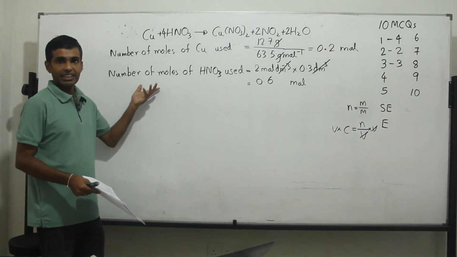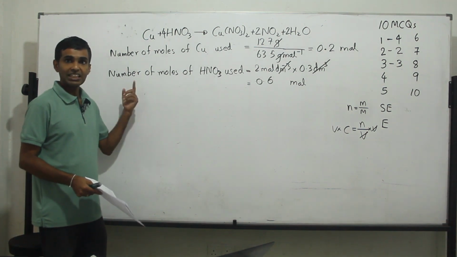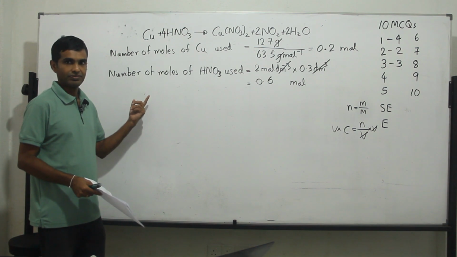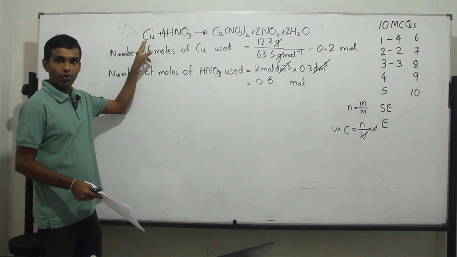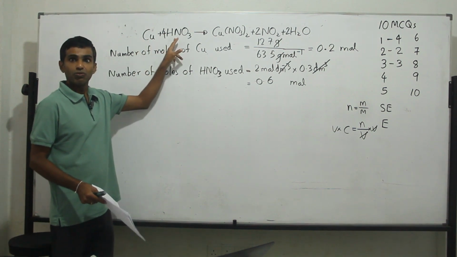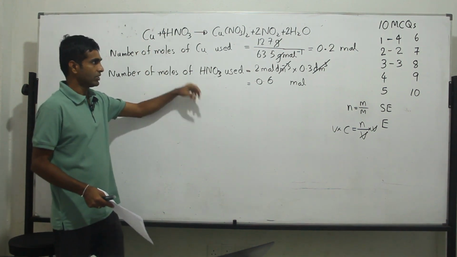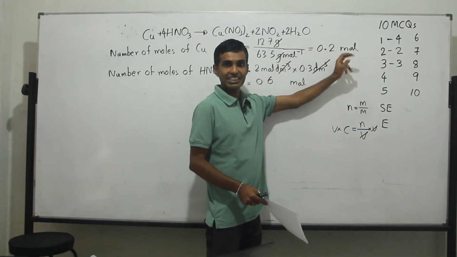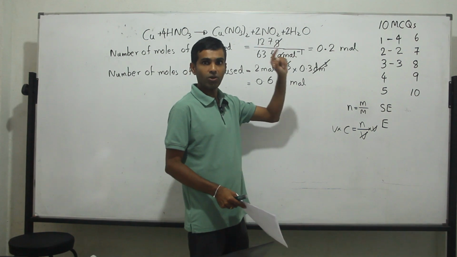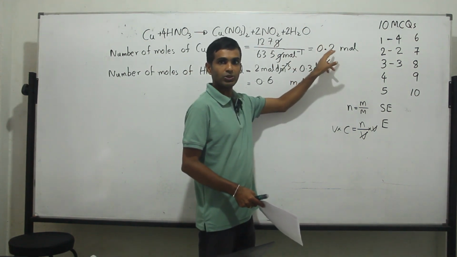Okay. After that, can you deduce what is the limiting reagent? It's clear. If you have 1 mole of copper, we need 4 moles of nitric acid. So when we have 0.2 moles of copper, we need 4 times 0.2 moles.